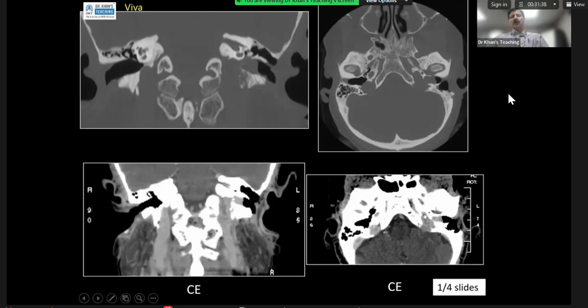But yes, you are right that it is also involving the jugular foramen. We are just debating the word to use here. It is from the jugular foramen, it is going into the middle ear cavity. So this type of glomus tumor is known as glomus jugulotympanicum.